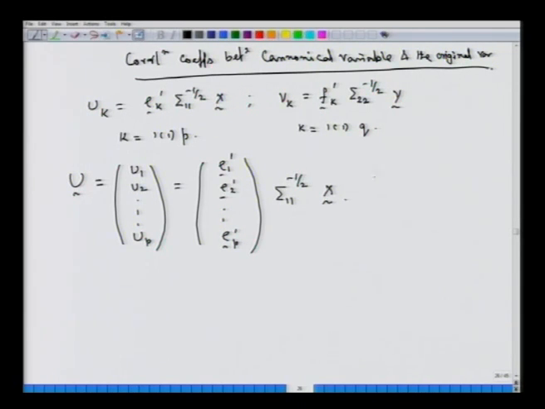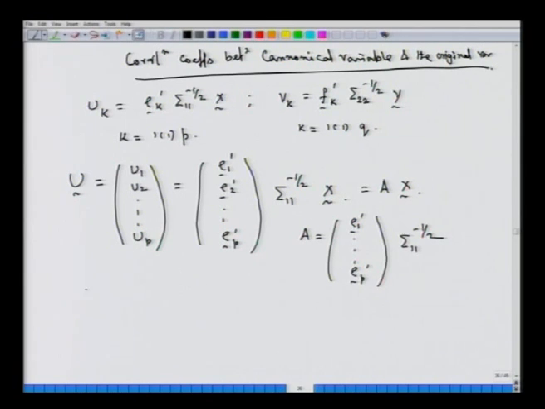So, we just write that as a matrix. This A matrix is different from the previous A matrix, of course. We will write this as Ax, wherein this A is equal to this matrix of eigenvectors E1 prime, E2 prime, up to EP prime, multiplied by sigma 11 to the power minus half.